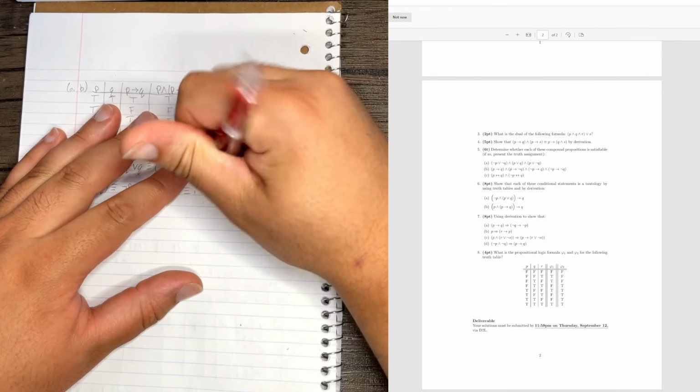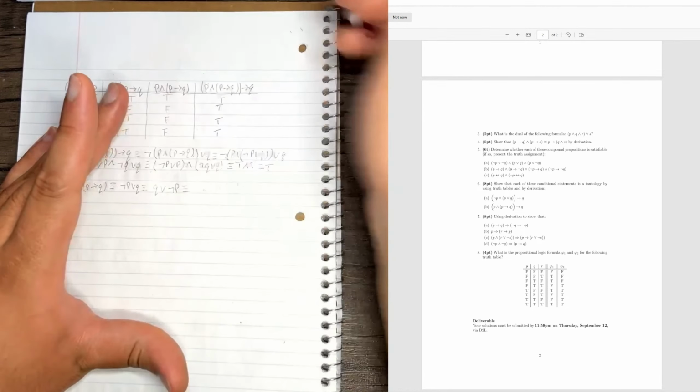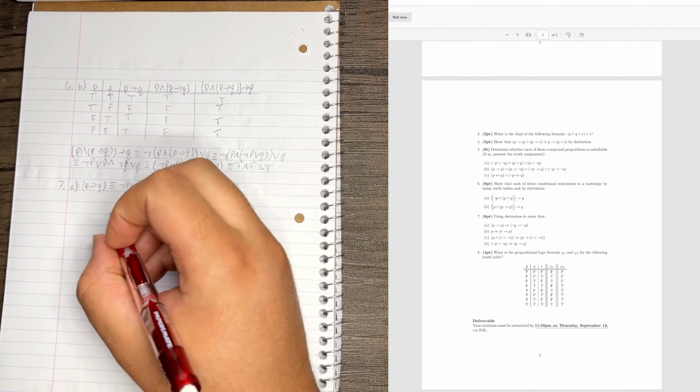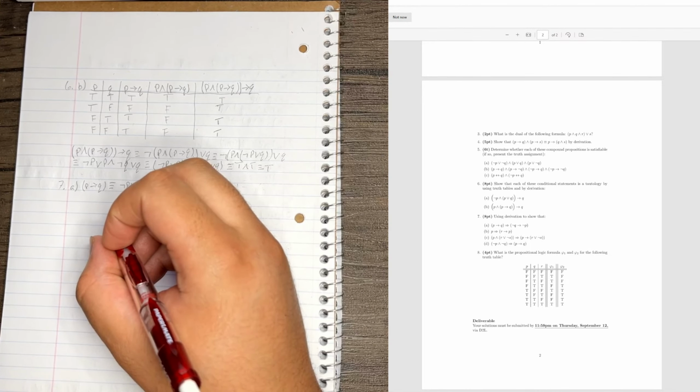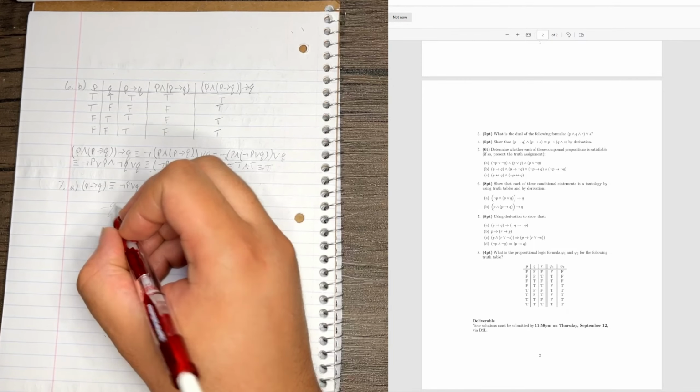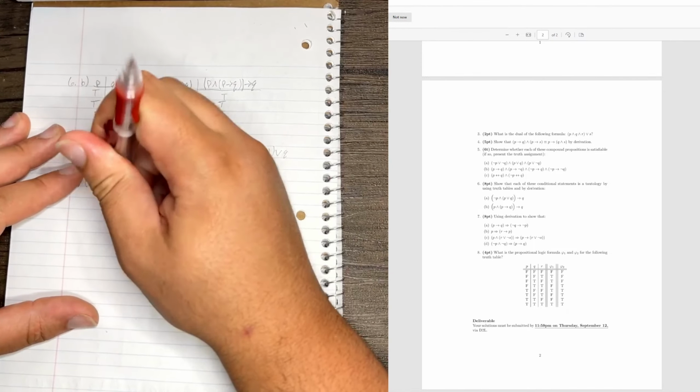What is our end goal? What is it supposed to look like? If we start working backwards, we need it to be Q. Here, let's do it like scrap paper.